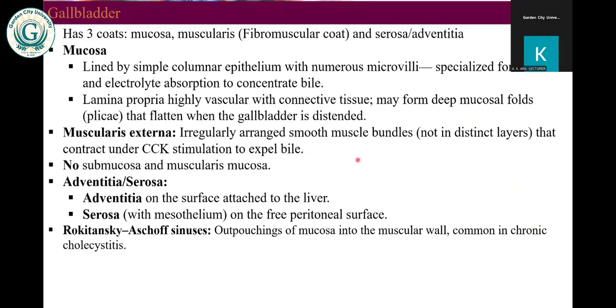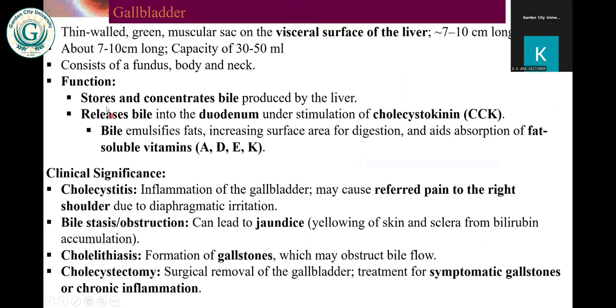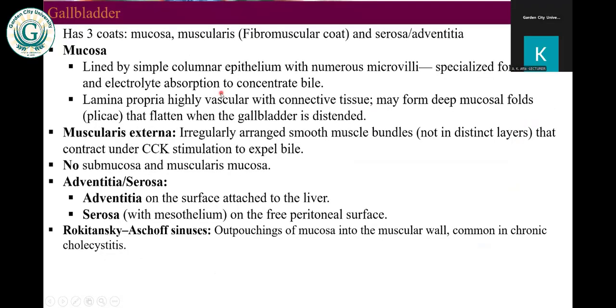Then finally, in terms of the histology, we explained that the gallbladder stores concentrated bile. And because it concentrates bile, of course, the epithelium is going to be simple columnar with numerous microvilli.